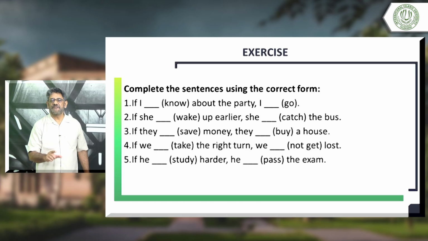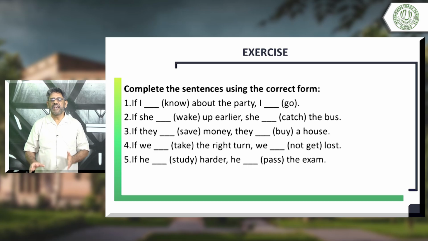You see, if I had studied more, look here, had studied is the past perfect. Had and studied, the third form of the verb. The past perfect structure has been used. I would have passed. Would have passed is the conditional perfect.